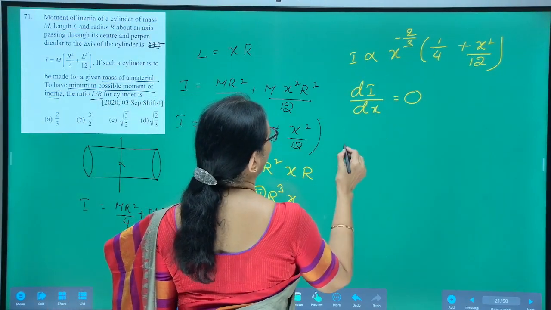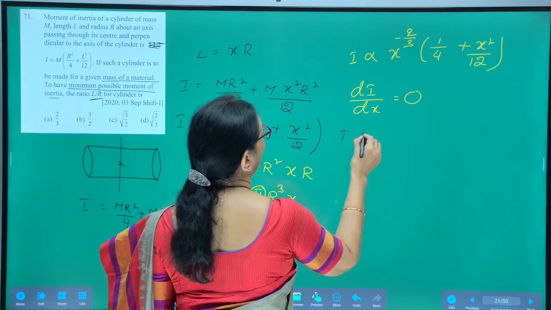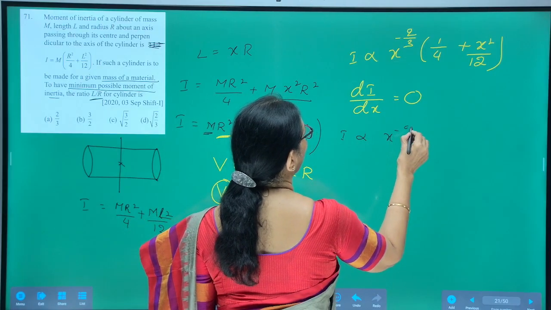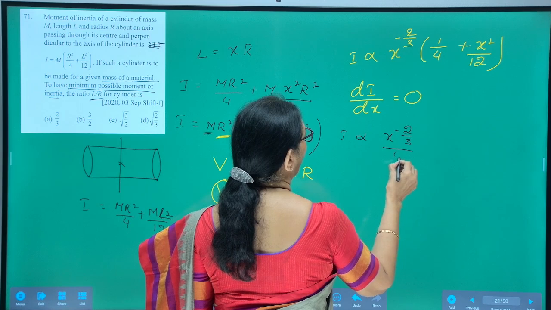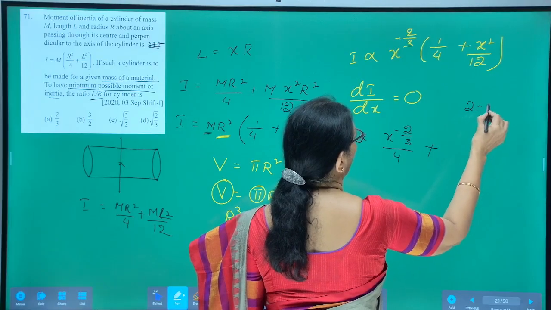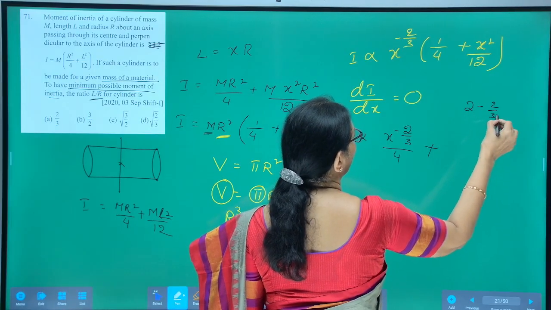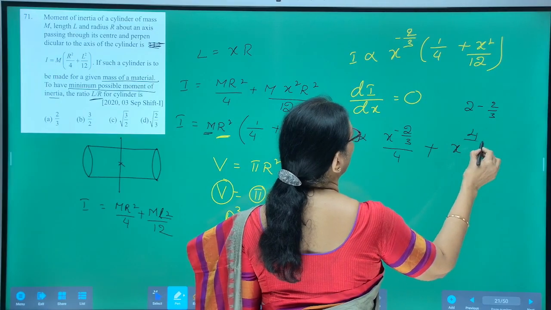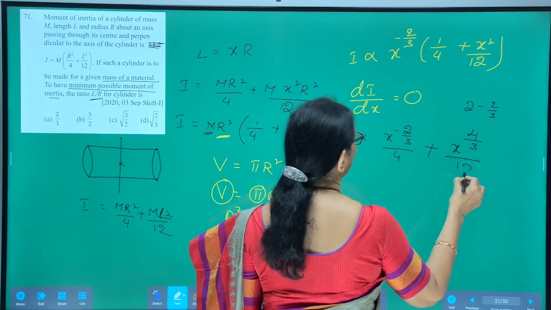If you expand this, I is proportional to x to the power of minus 2 by 3 by 4 plus x square into x to the power of minus 2 by 3, which is x to the power of 4 by 3, by 12.